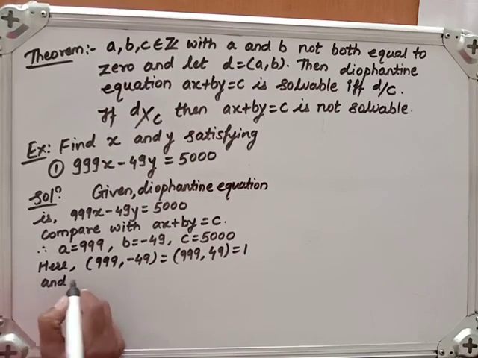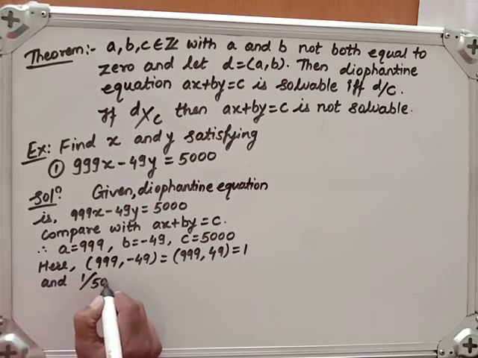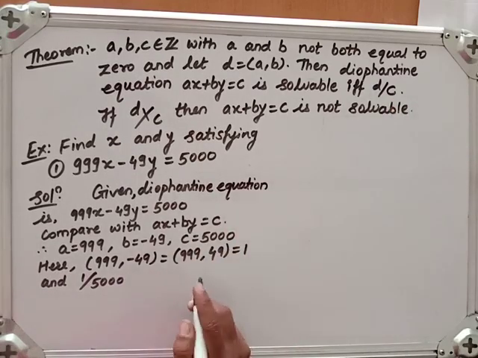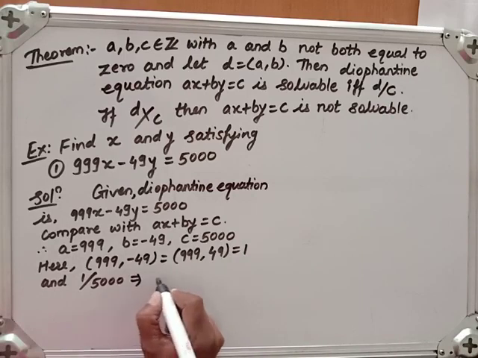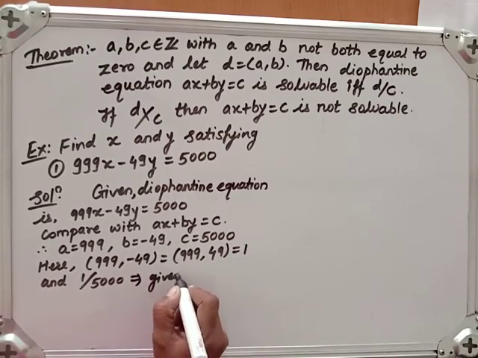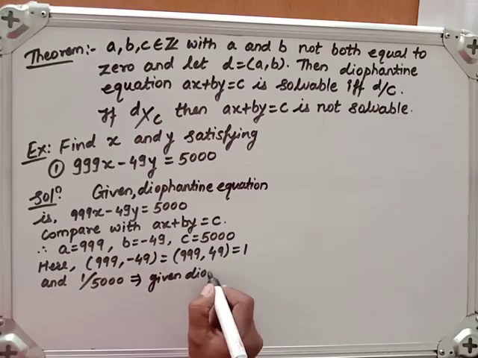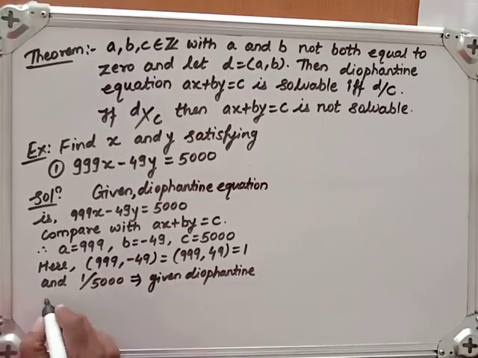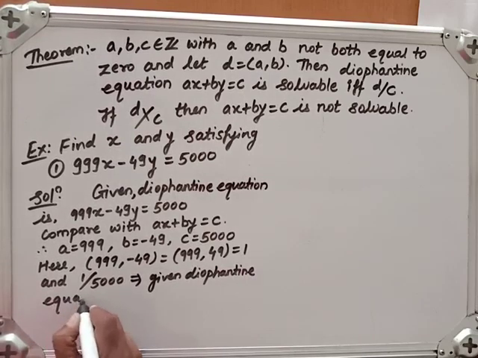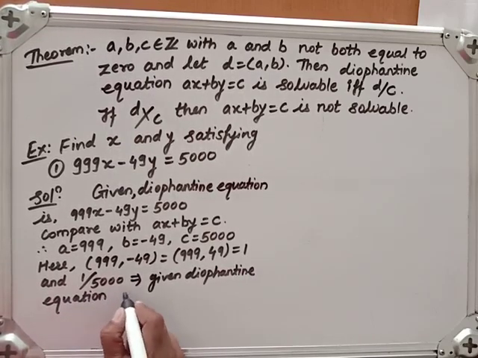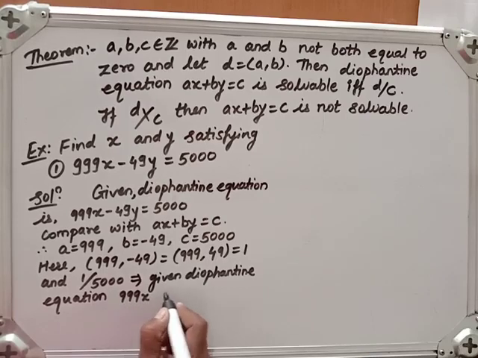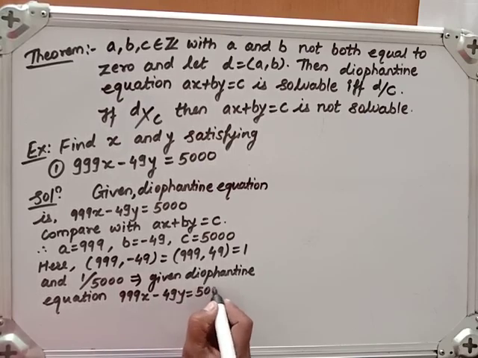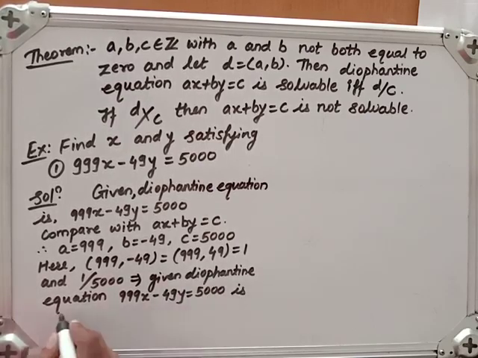And 1 divides 5000. Here we need that GCD should divide C. This implies the given Diophantine equation 999x minus 49y is equal to 5000 is solvable.